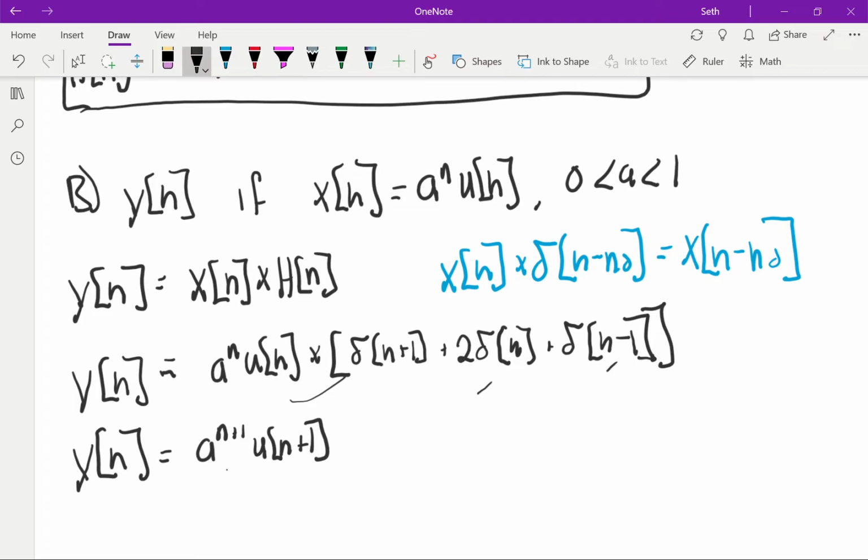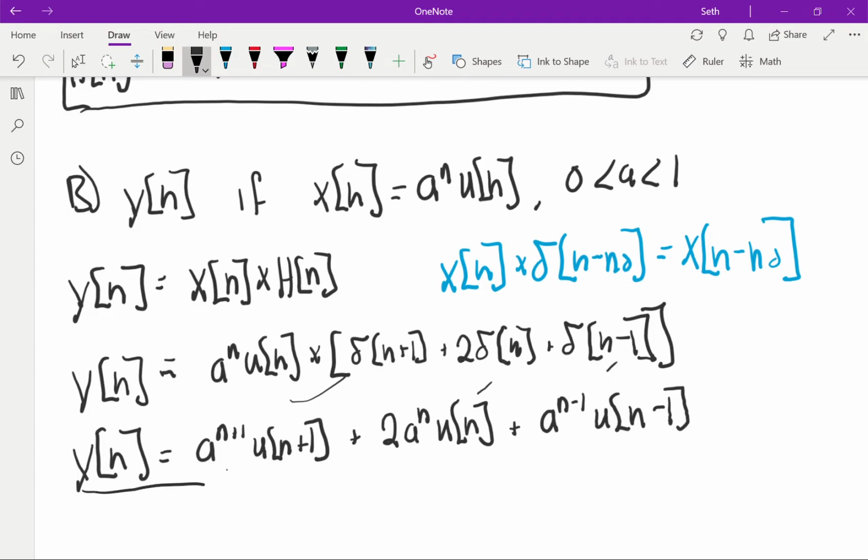And then we get 2 times a to the n times u of n plus a to the n minus 1 times u of n minus 1. So that's the equation for our output.